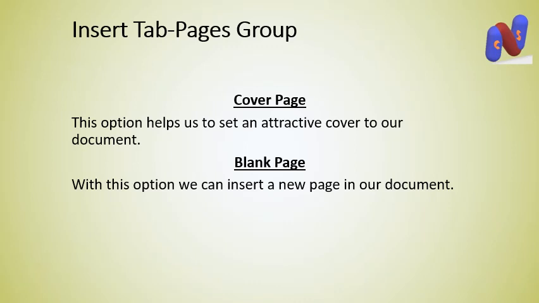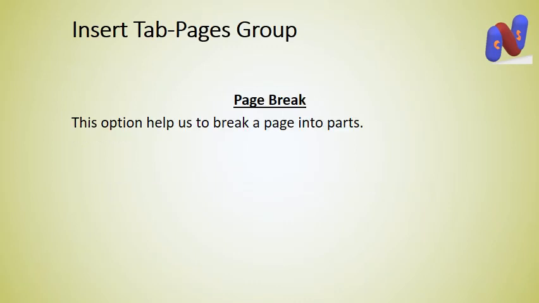But if you have typed only half of a particular page and you want to insert a new page, at that time you can use this option. Now page break. If you want to break your page in more than one part, you can use this option.